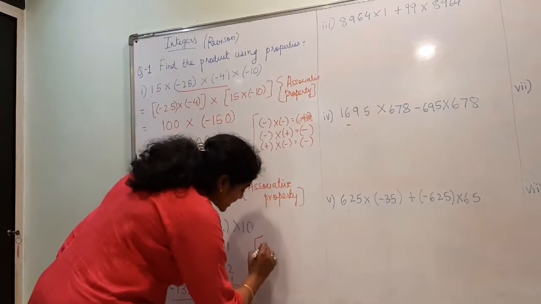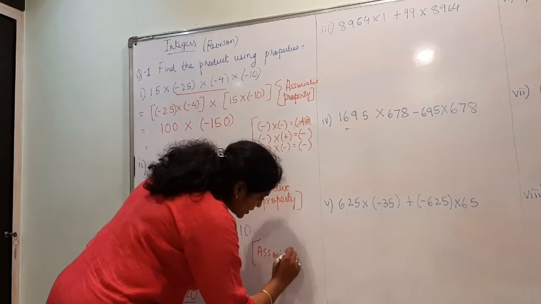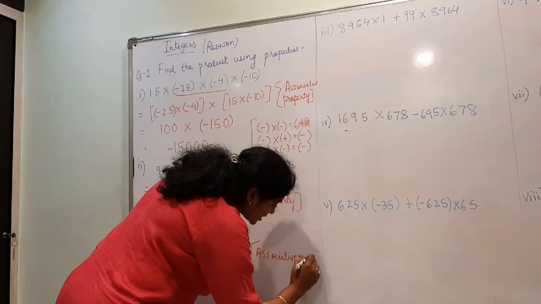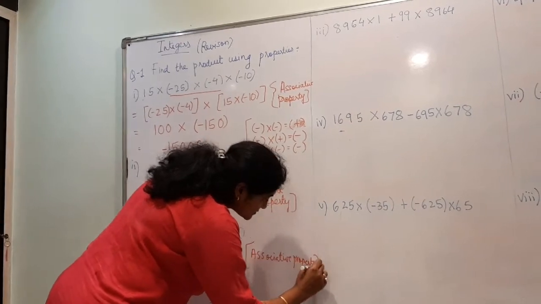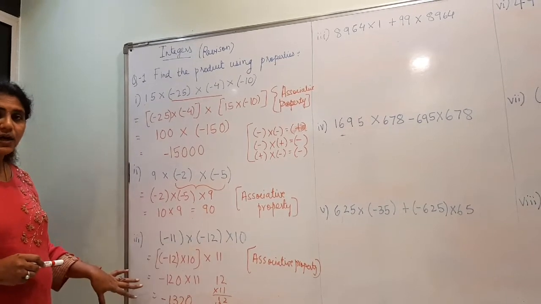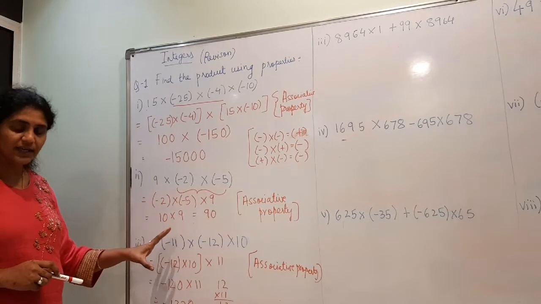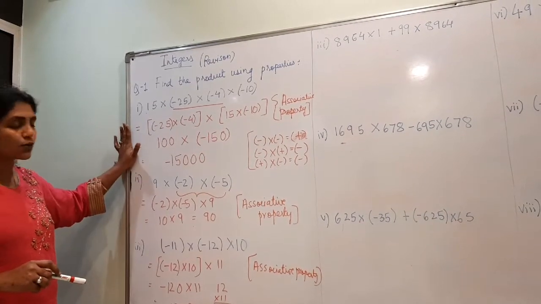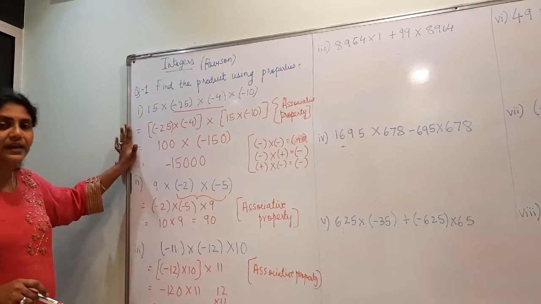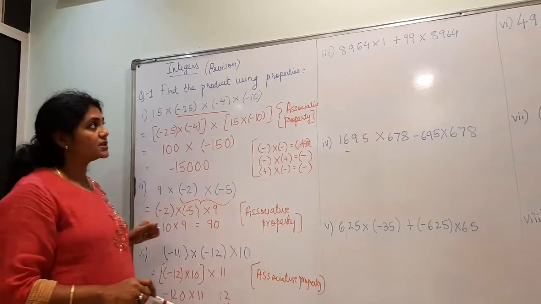You have used associative property. You are rearranging the terms. So that's why the property is called associative property, and it is valid for only multiplication and addition, not for division and subtraction.